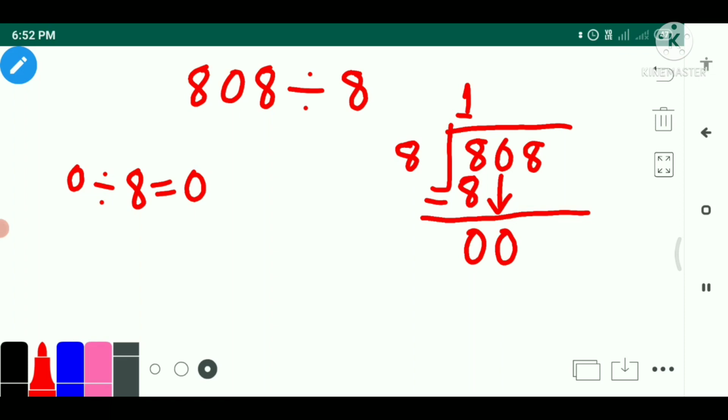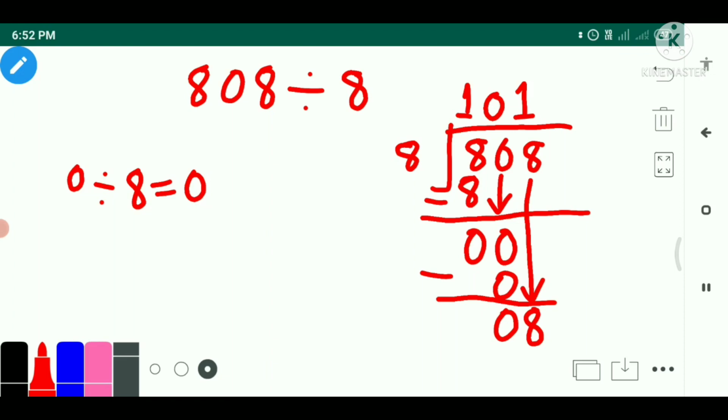Okay, so 8 0s are 0, right? We'll get 0 only. Now again we'll do subtraction. 0 minus 0, it will be 0, and now this value will come down here, right? Now we know that 8 1s are 8. After subtracting these two we'll get 0.